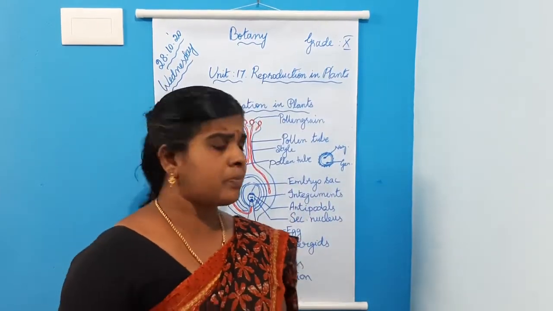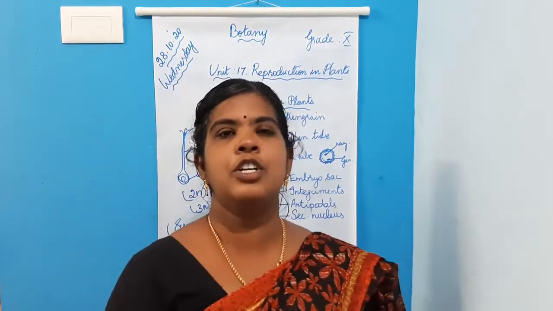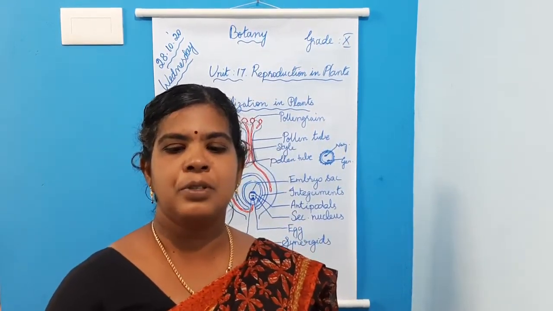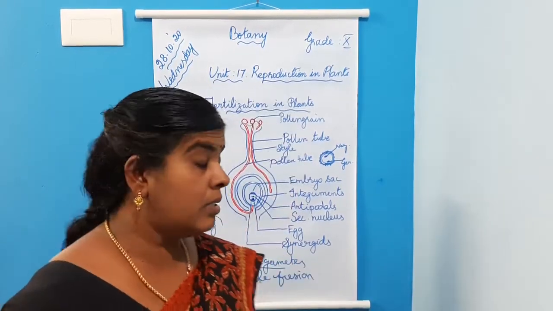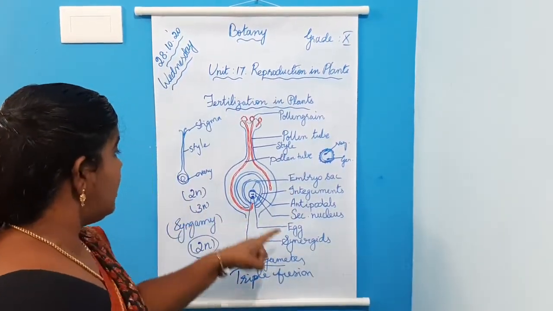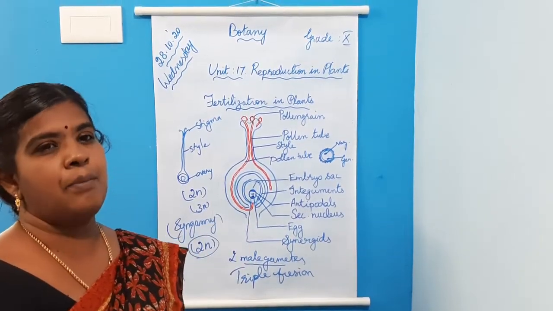After triple fusion, the endosperm nucleus develops into endosperm. It nourishes the developing embryo.